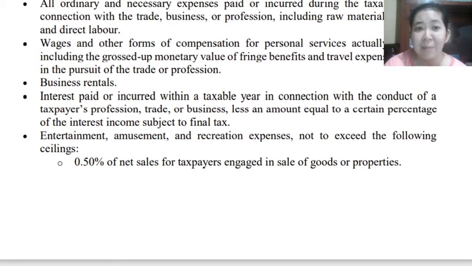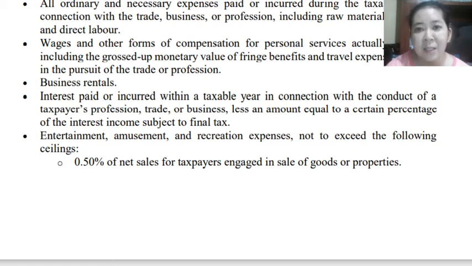Another is business rentals. They are renting. These are allowed also as deductions. Another item is interest paid or incurred within the taxable year related to the conduct of their profession or business.